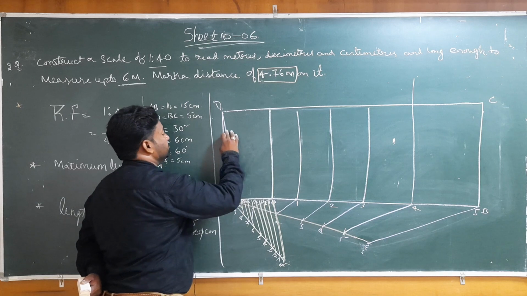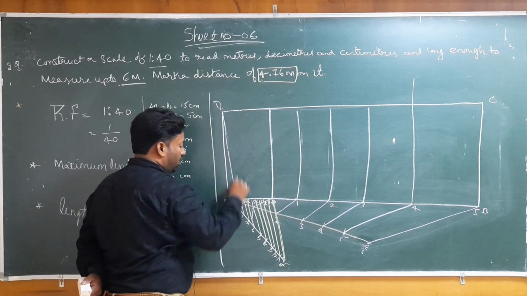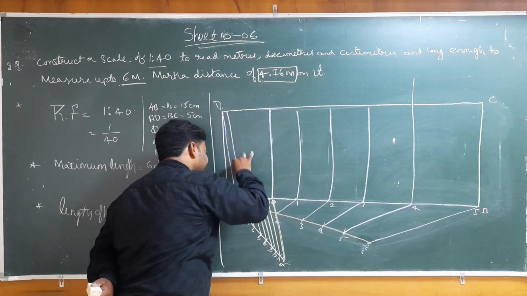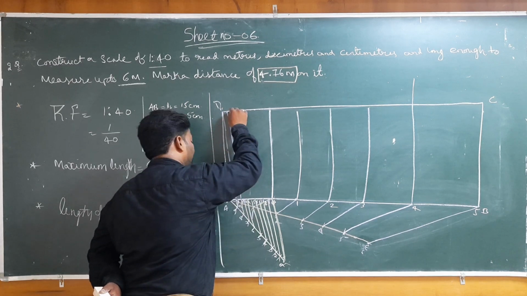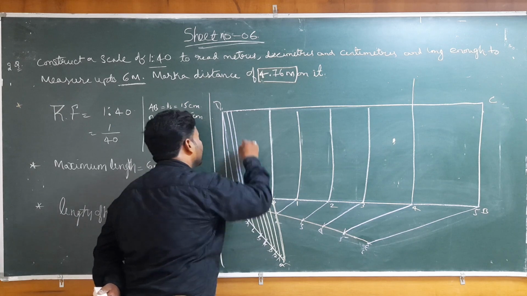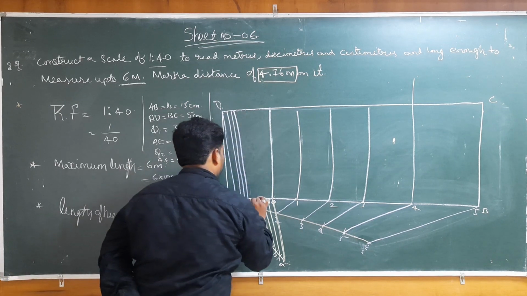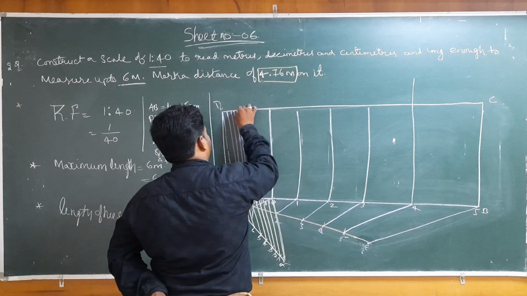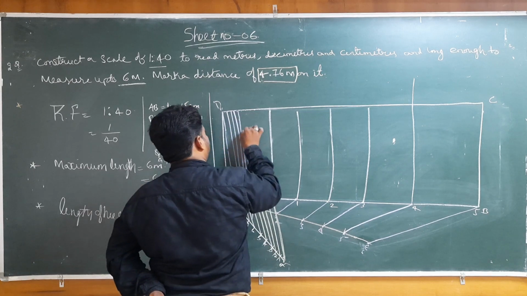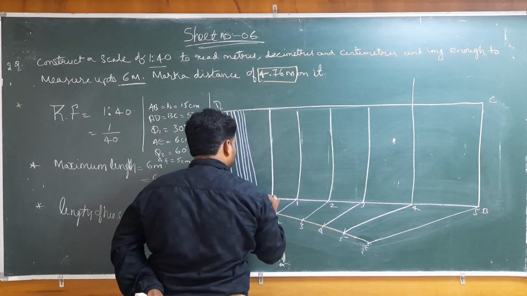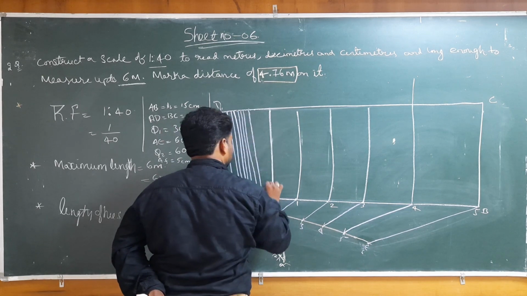So, like this we have to join all the lines here and they should be inclined and at the same time perfectly parallel. With the help of the scale you have to draw all these and mark exactly parallel lines.